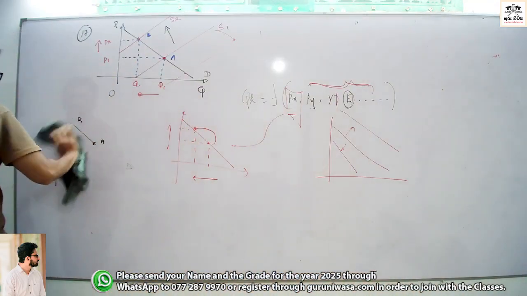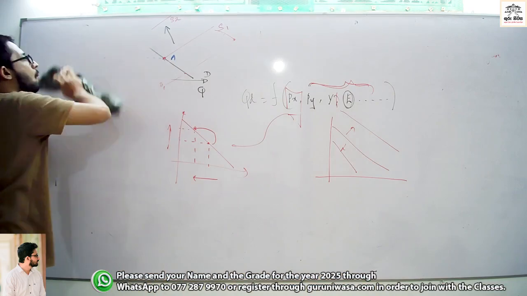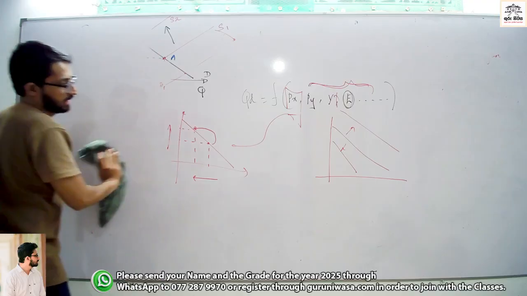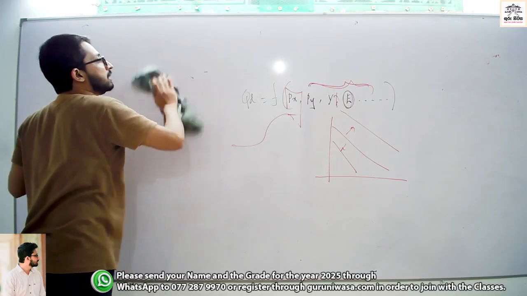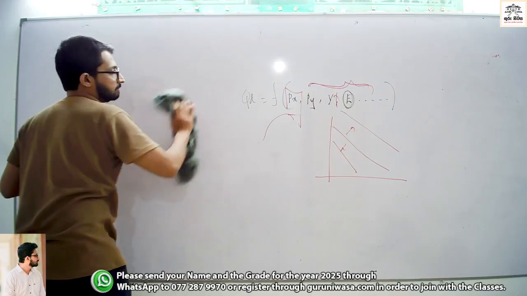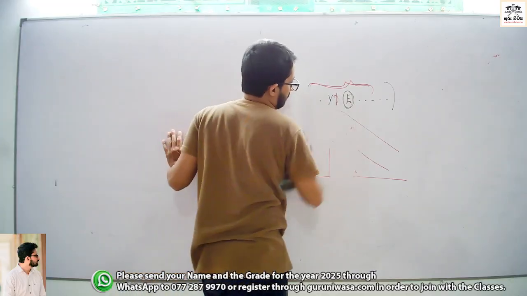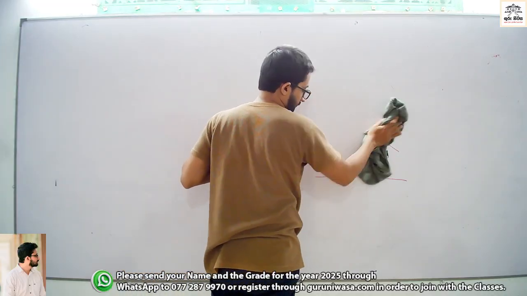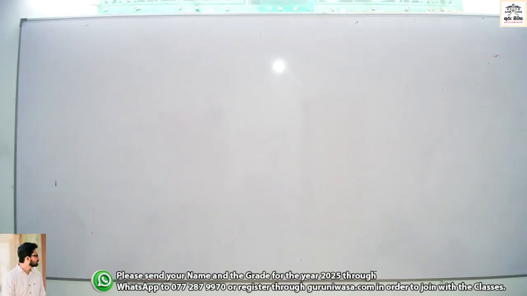Why does the demand curve have a negative slope? It's not going upward, it's going downward. Why?